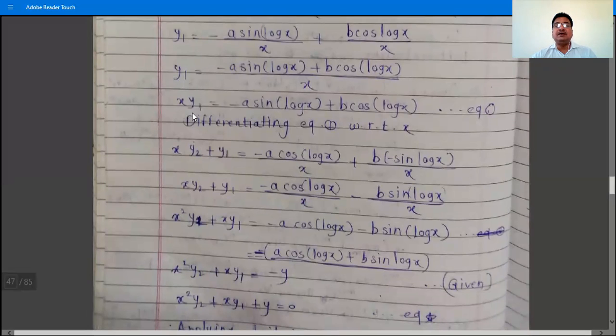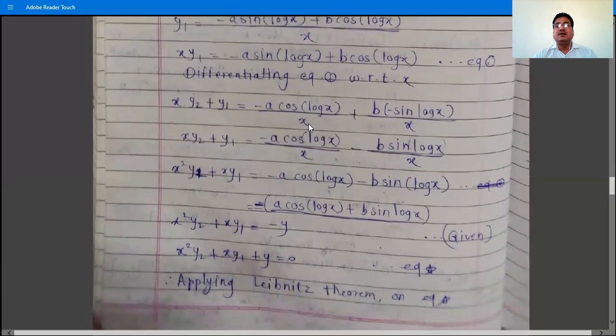So the derivative of x y1 is what? x y2, by the product rule, x times derivative of y1 is y2, plus y1 times derivative of x, which is 1, is equal to minus a constant, derivative of sin log x is cos log x divided by x, plus b, and derivative of cos log x is what? Minus sin log x into 1 by x, and then multiply by x throughout.